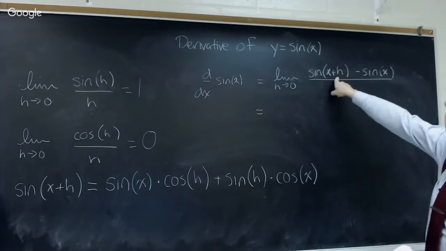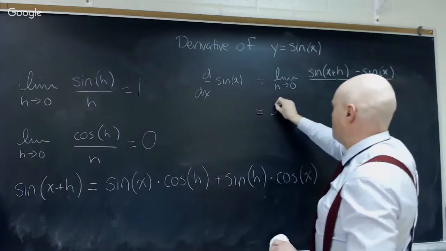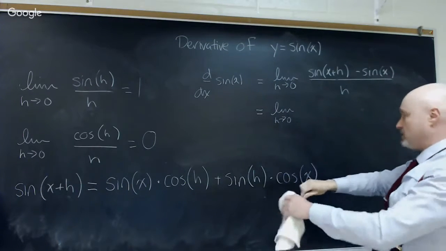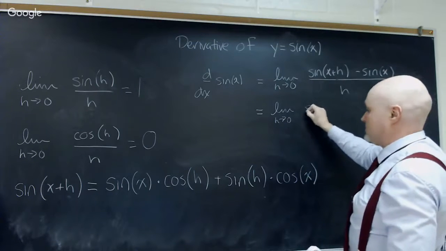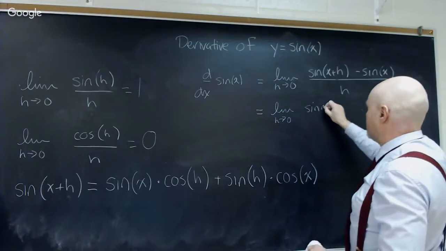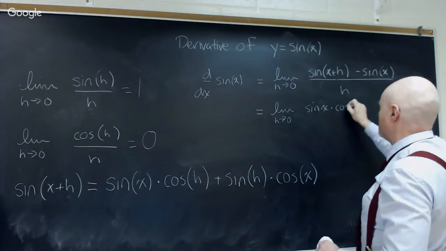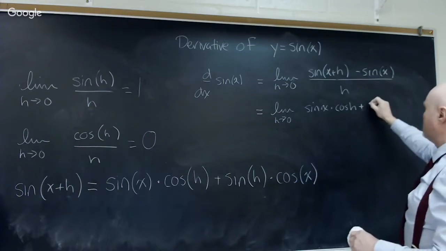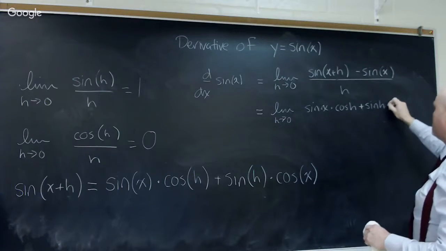Look, everybody, sine of x plus h. I already know what that is. I've carefully written it out down here. So this is sine x times cosine of h plus sine h times cosine of x.